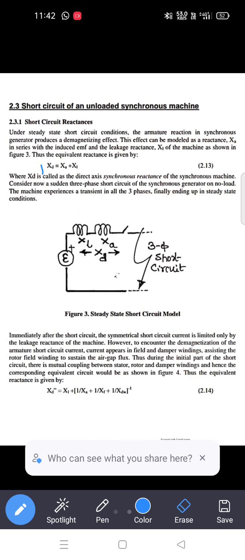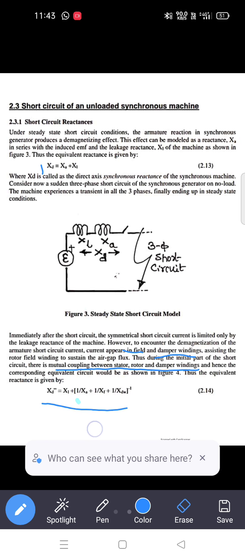Here you can say that the field and damper winding will come across to sustain the air gap flux. Thus, during the initial part of the short circuit, there is mutual coupling between stator, rotor and damper winding. Hence, the corresponding equivalent circuit of the reactance will occur.